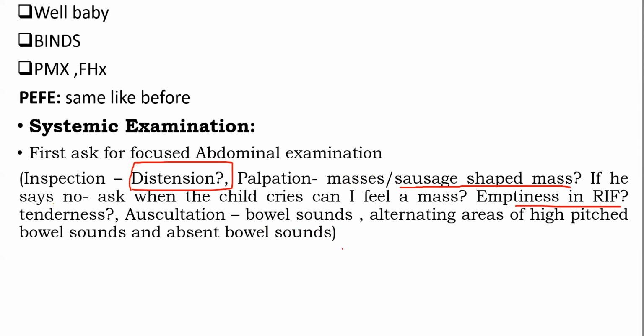Many times nothing can be found on examination, and the only time you can get this finding is when the child is crying. So that's also one of the things that you can look for. During palpation, you can get a sausage-shaped mass. You can also get this empty feeling on the right iliac fossa. Those are the findings you will be looking for on the card.